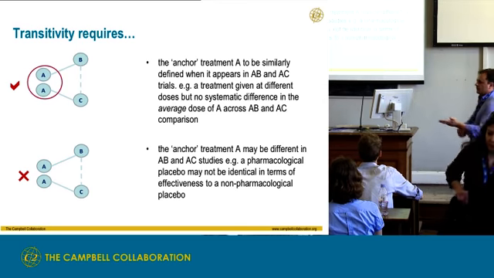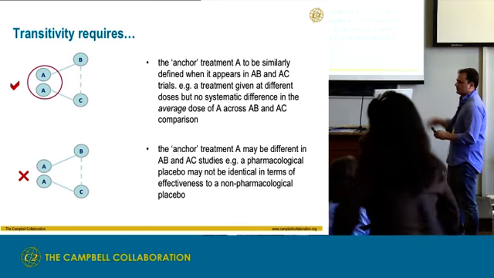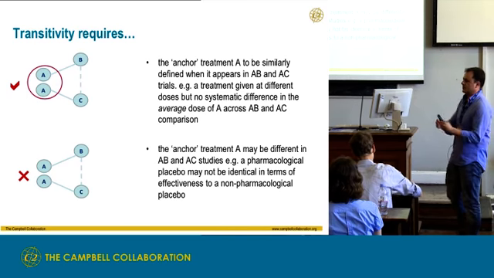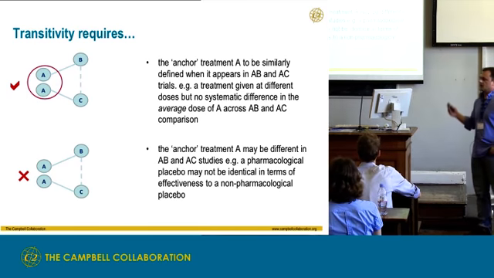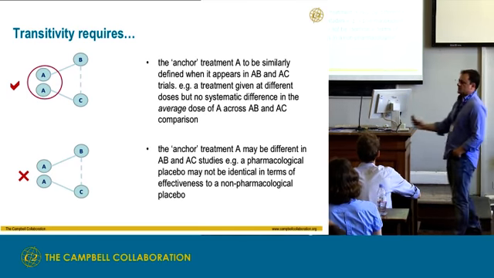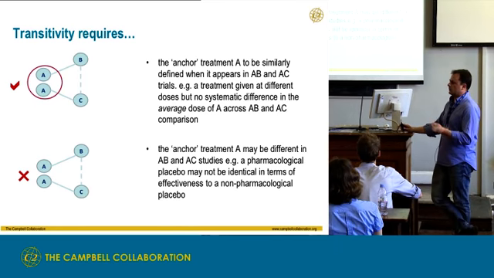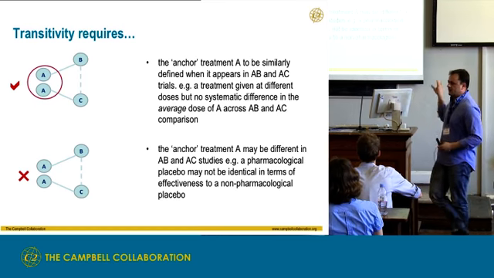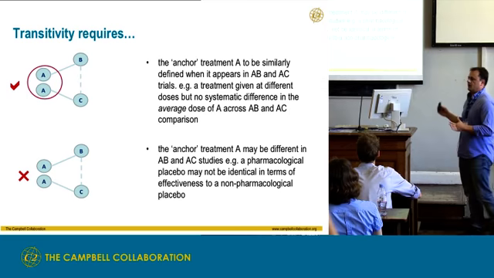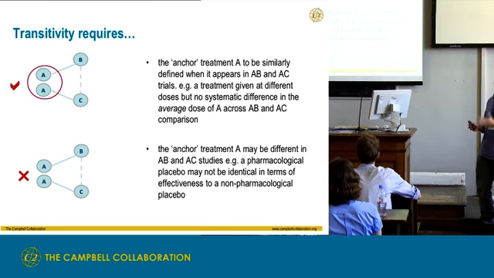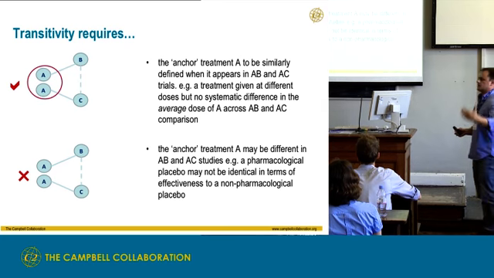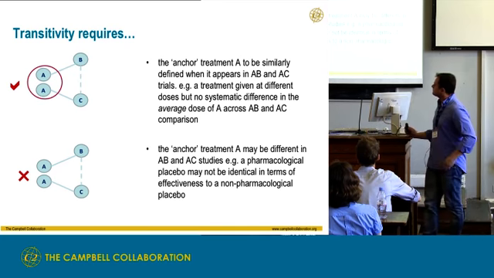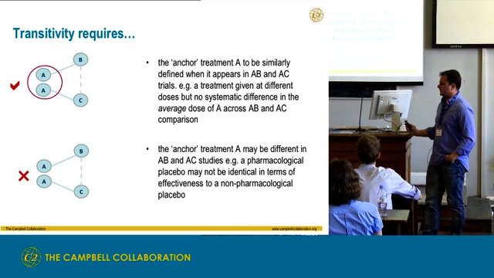Either you use the dose as a moderator, as a different treatment, or you just group them together. But what we are interested in here is not whether the effect is linear or whatever, but that the transitivity refers only to the expected value, the average of the dose. I don't know if that answered you.